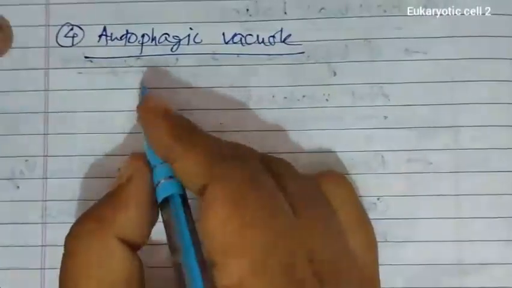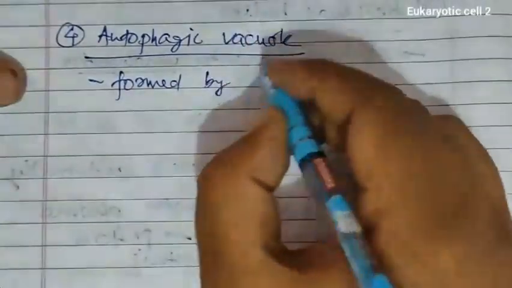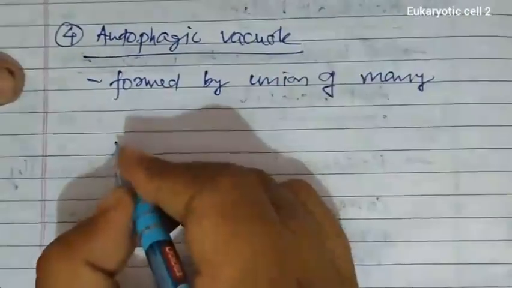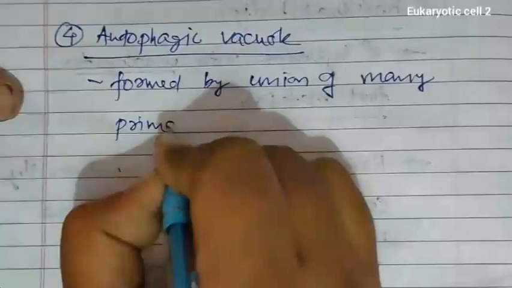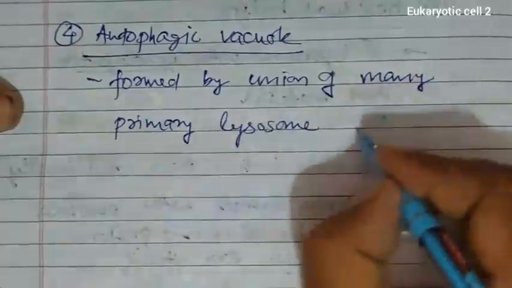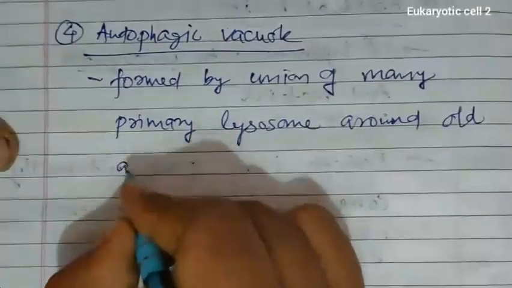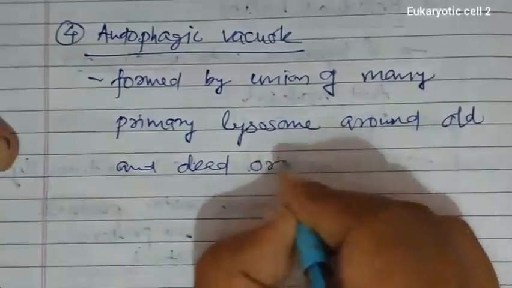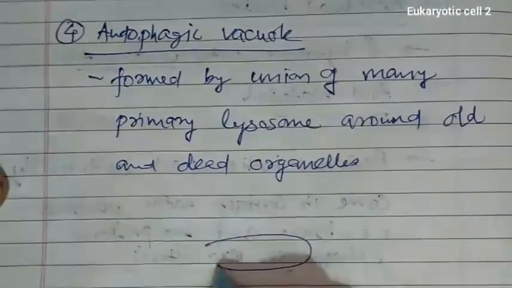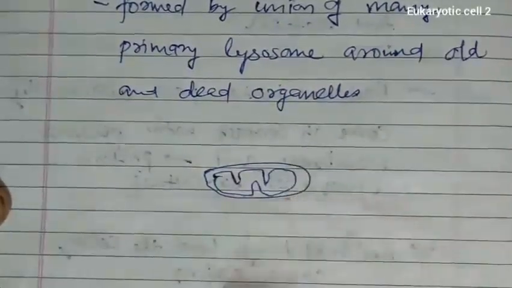This autophagic vacuole is formed by union of many primary lysosomes around old and dead organelles. Suppose this is a mitochondria which is damaged or old and not functioning, so it may be harmful for the cell.